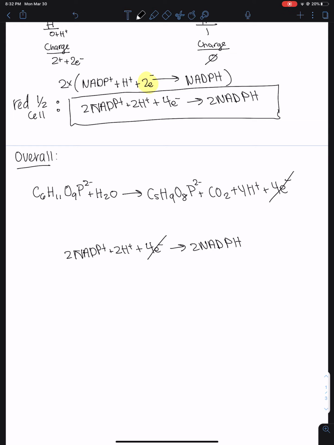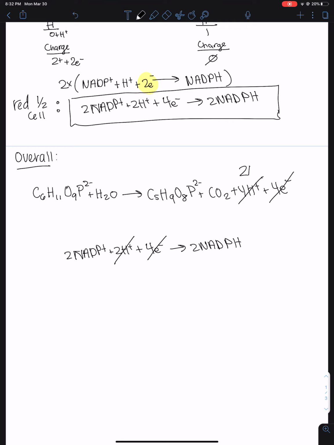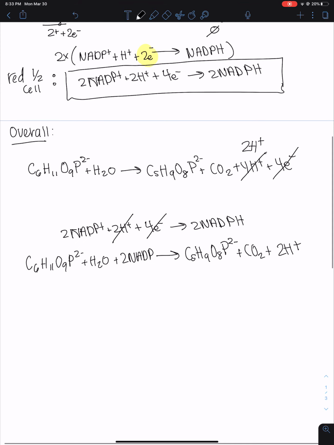And then you have 2 protons on this side, so you'll have 2 left over here, and everything else balances. So then you have C6H11O9P2 minus plus H2O plus 2 NADP plus, going to C5H9O8P2 2 minus plus the remaining products.